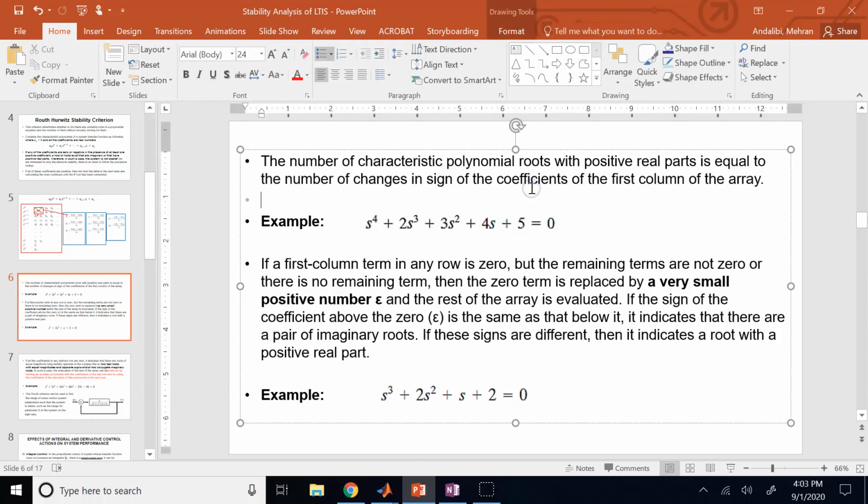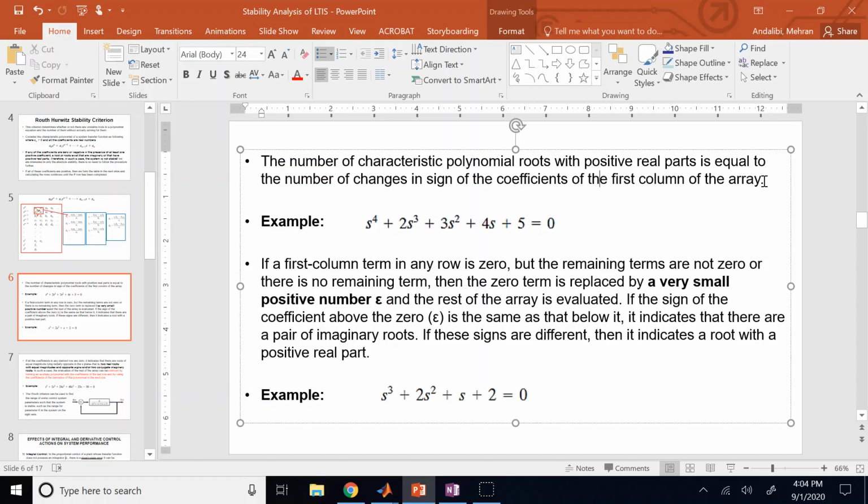So this method says if there is any change in the sign of the coefficients, then there is definitely a root on the right side or on the imaginary axis.